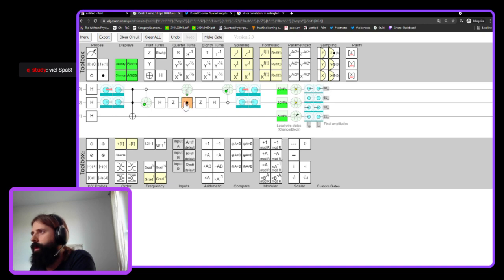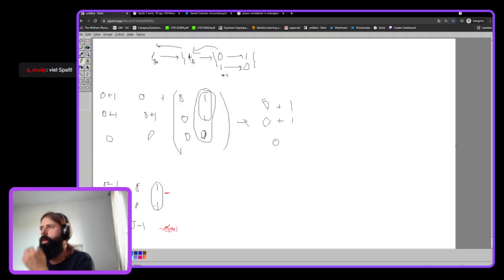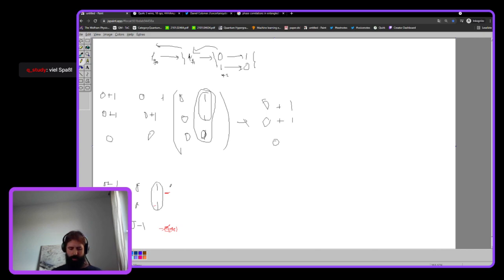So if this is -1, then this is 1. Whereas, if this is -1, then this is 1. Okay. So that actually shows me there's more to these that I have to figure out how to model.